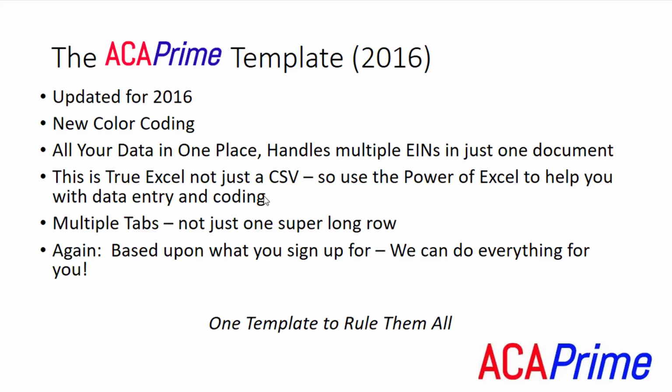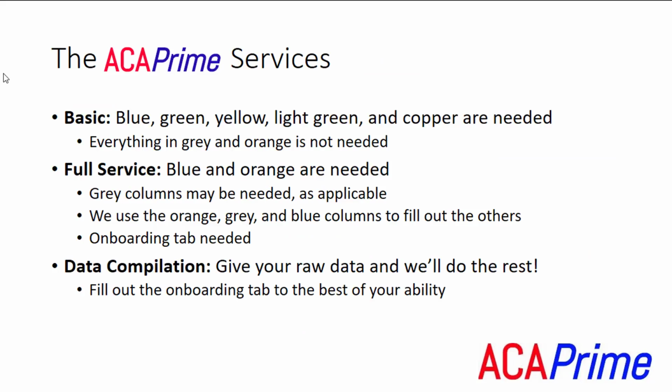However, if you use our comprehensive full service or data compilation services, we do all of this for you, which would significantly cut down on work on your side for only a small additional cost. ACA Prime has a few services which are summarized here. The basic service has no automatic calculation, and you are required to put in the blue, green, yellow, light green, and copper fields.